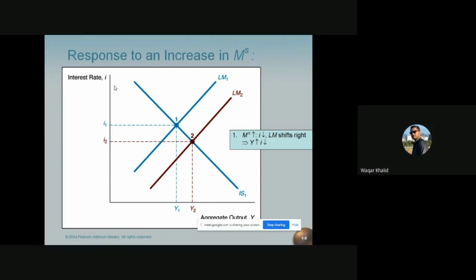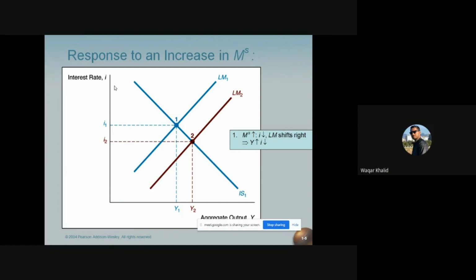The decline causes investment spending and net exports to rise, because we now have an excess supply of money in circulation, so the interest rate will decrease. If the level of interest rate decreases, the level of investment spending increases, and similarly net exports rise.